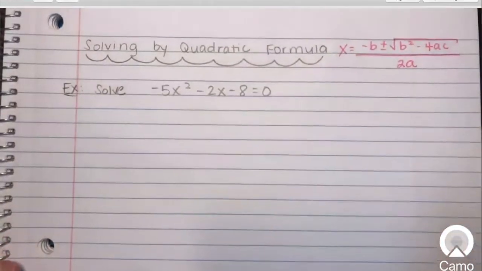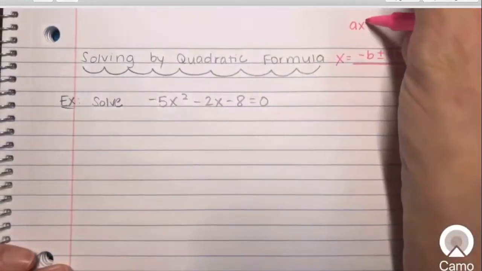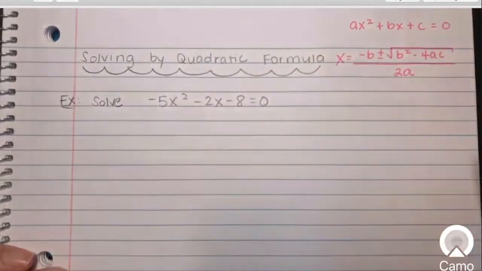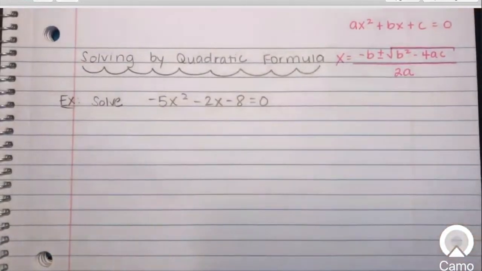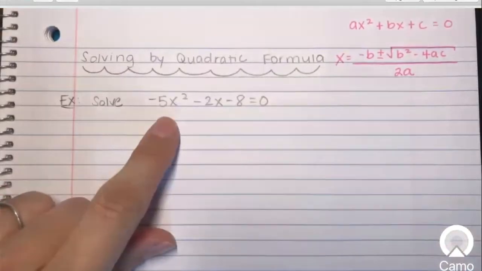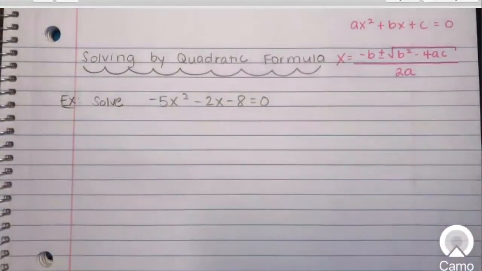And this works when our quadratic is written in standard form, which is ax squared plus bx plus c equals 0.